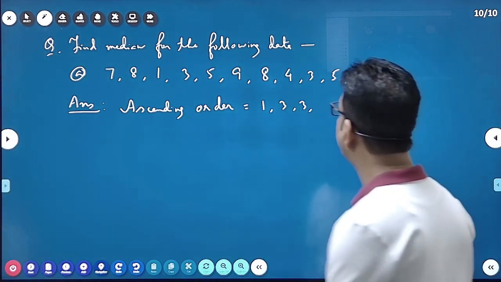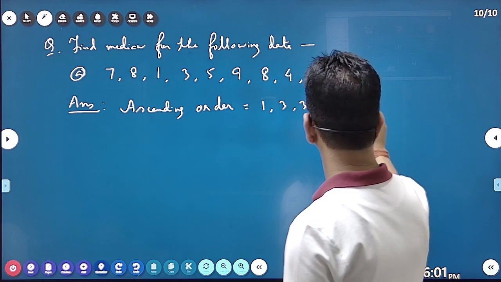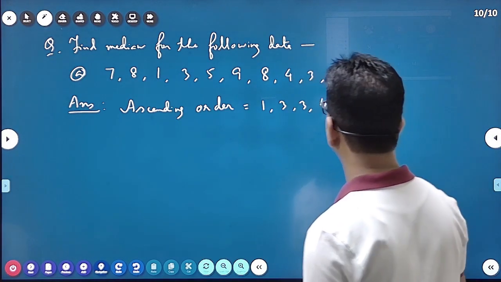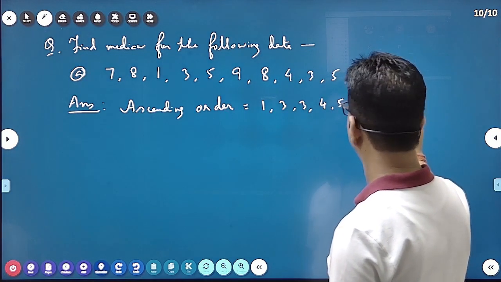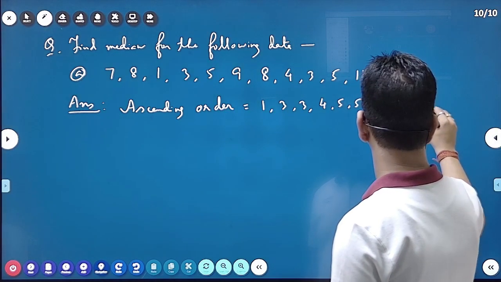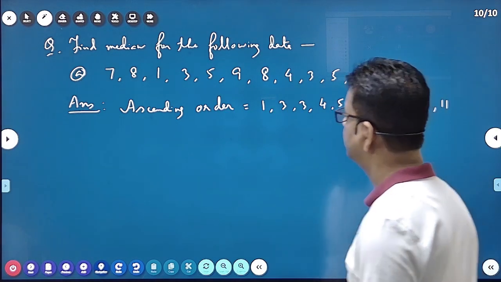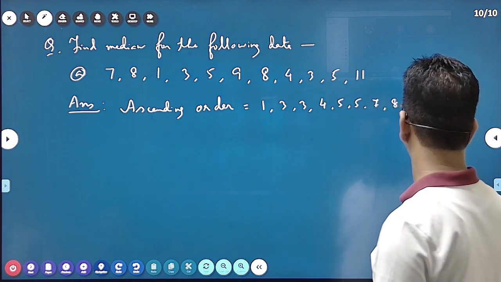Then 4 one time, then 5 two times, then 7 one time, 8 two times, then 9, and then 11. So 1, 2, 3, 4, 5, 6, 7, 8, 9, 10, 11.